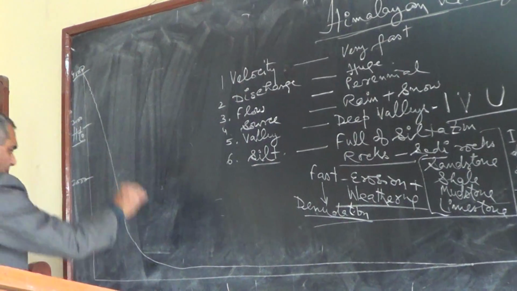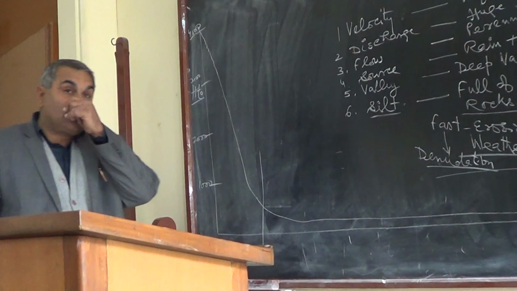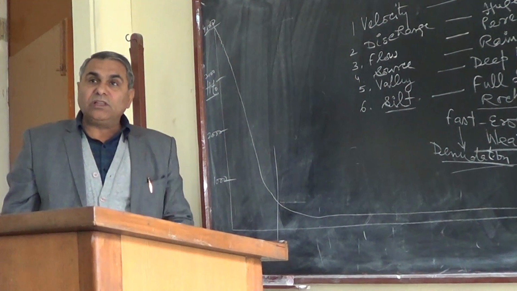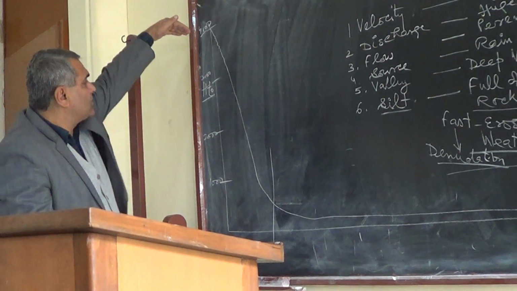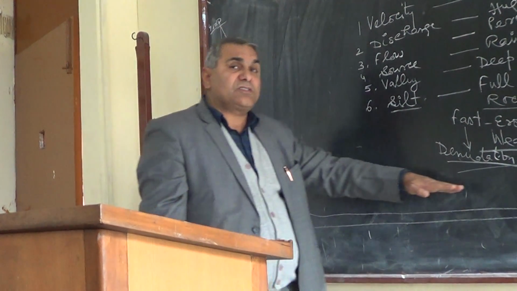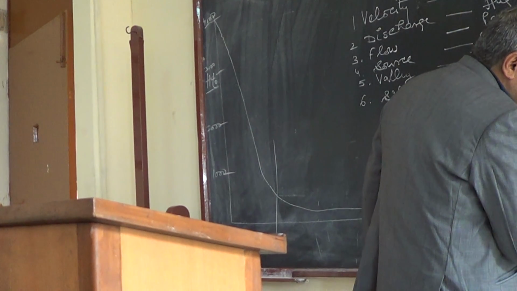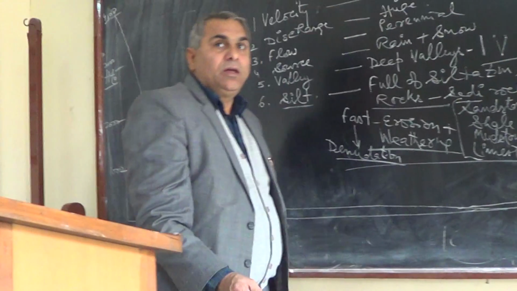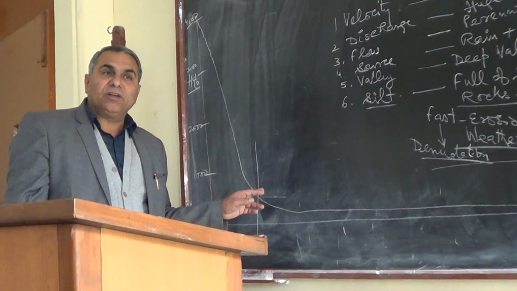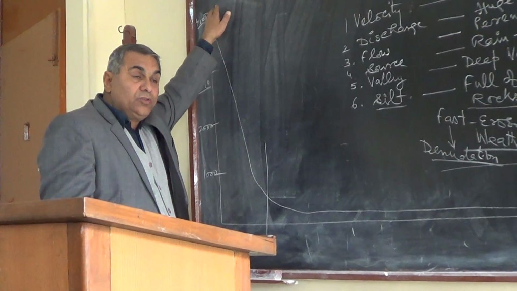Like the Ganga river, from its origin at Gangotri all the way up to Haridwar, it runs with a steep slope. But beyond Haridwar, for a long distance, it moves on an almost negligible slope. All Himalayan rivers have large catchments. Their source is at high altitude.